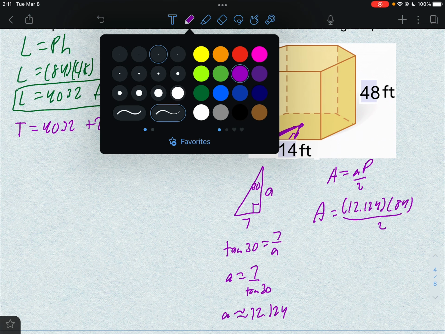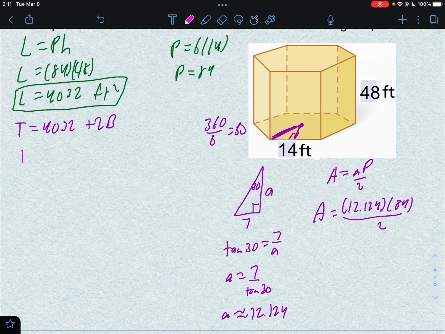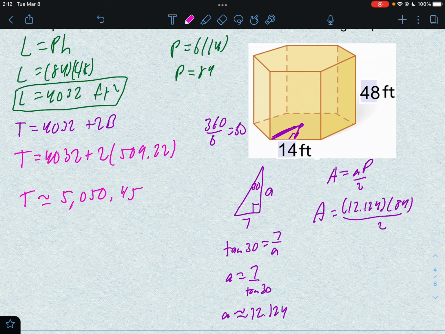All right, back over to our actual answer then. T equals 4,032 plus 2 times 509.22. And our total answer should be 5,050.45 square feet.